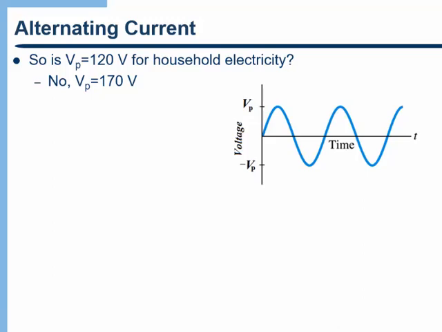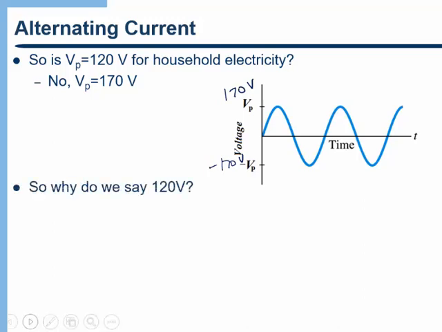If we hooked an oscilloscope up to an outlet and looked at the waveform, we would see that it's going from negative 170 volts to 170 volts. So the question is, why do we say that the voltage is 120 volts? Well, that's what I want to get into over the next couple slides.